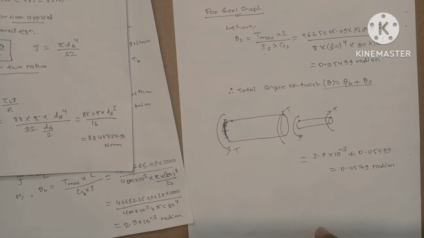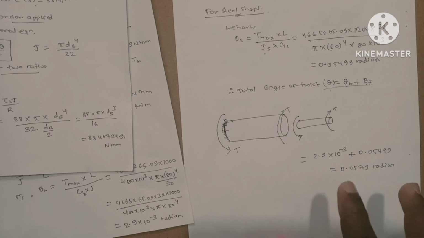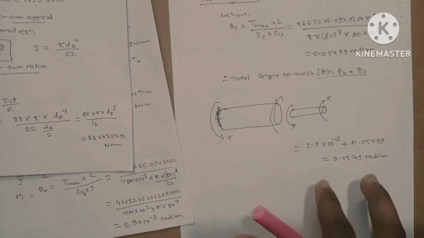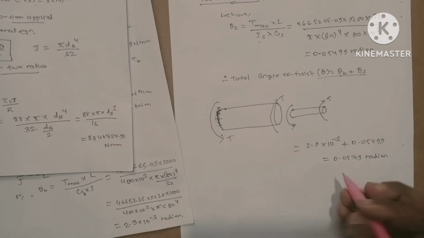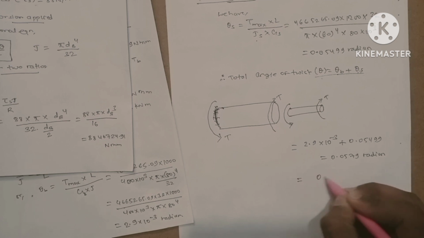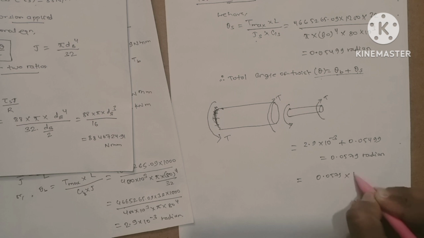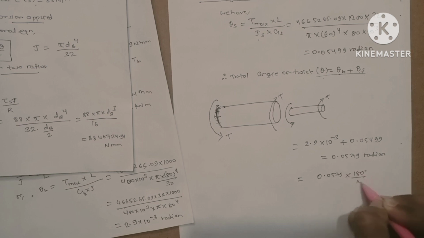If you are asked to give the answer of angle of twist in degrees, then you have to convert this radian into degrees. So how to convert? 0.0579 radian into 180 degree by pi.